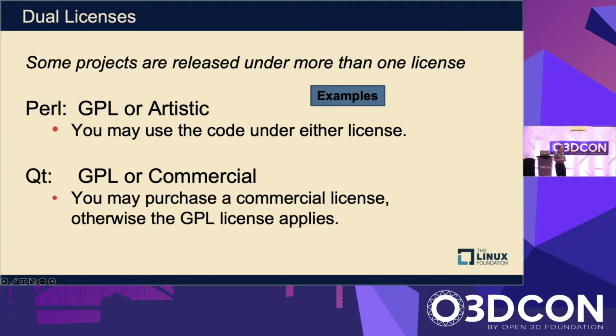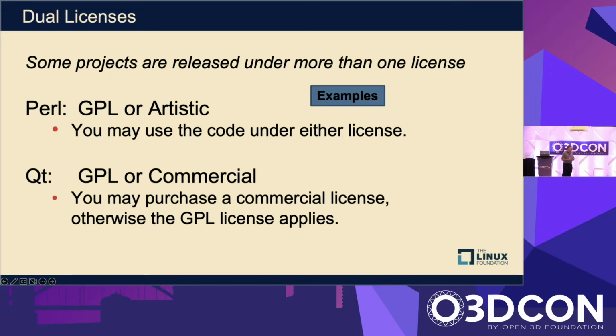And just a couple examples, like why would you do that? Why wouldn't you just pick one license and be done with it? Well, the reason is because you may have different use cases, you may have different user bases, and you want the user to have a choice. I give two examples here. In the case of Perl, Perl's available under the GPL or the artistic license.